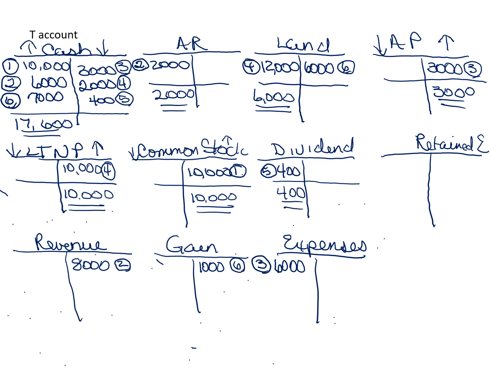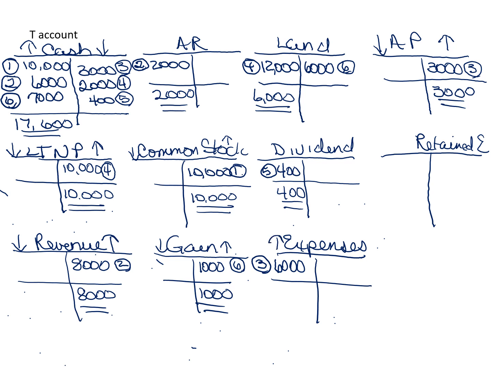Retained earnings, there's nothing in it right now. Revenue has a credit balance because revenue is increased by credits, decreased by debits, of $8,000. Gain is another revenue account. It has a balance of $1,000. And expenses are increased by debits, so expenses have a debit balance of $6,000.